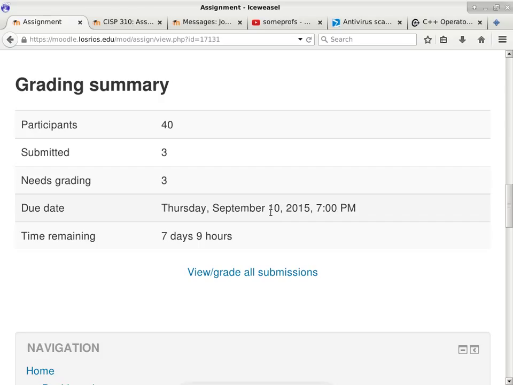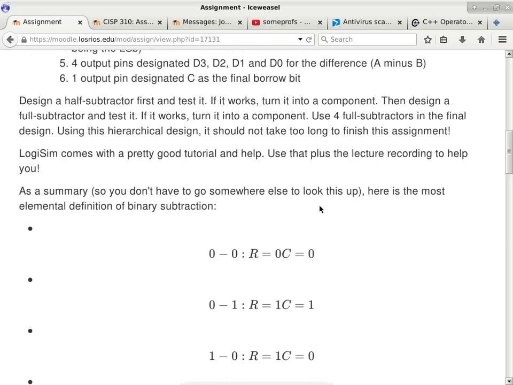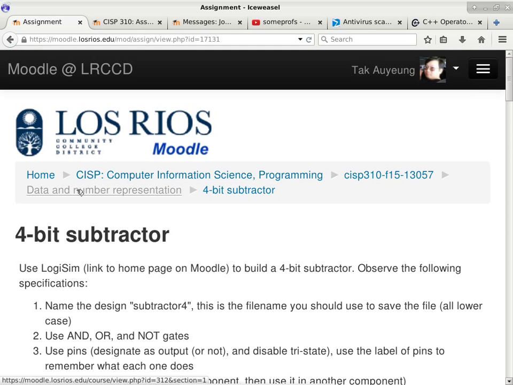What is the equation of the R? What is the equation of the borrow? You will find similarities, and that similarity will let you design a subtractor using fewer gates compared to an adder.